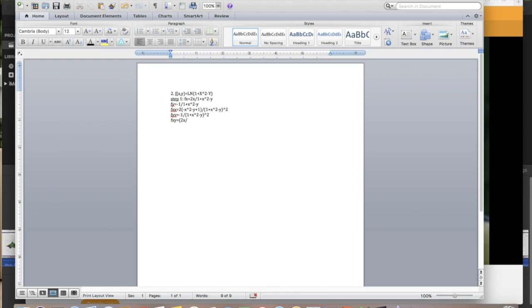Step 2, we plug in the point. We get f_x is equal to 0, f_y is equal to negative 1, f_xx is equal to 2, f_yy is equal to negative 1, f of the function is 0, and f_xy is 0. Next, we do step 3. We plug into the formula.